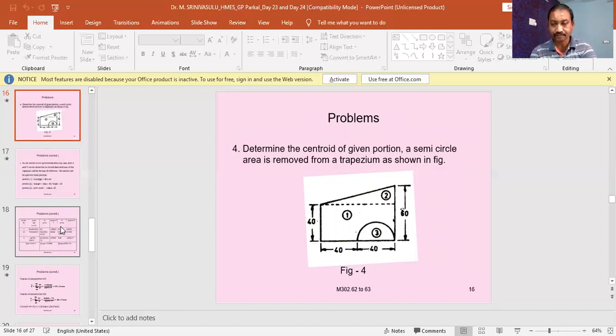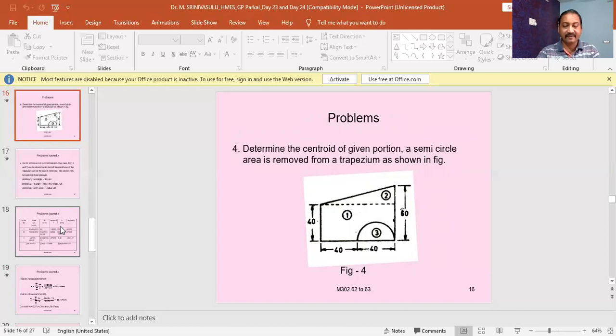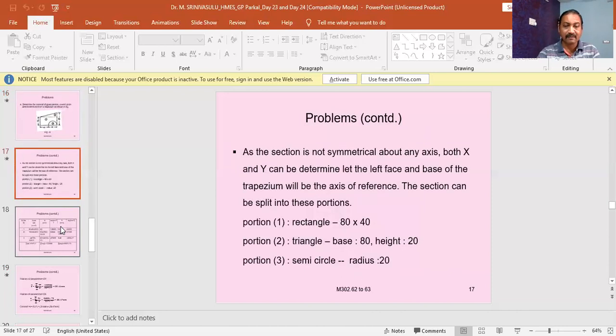First you draw the trapezium, and from that a semicircle is cut out at the right bottom corner, and the remaining figure is 1 and 2. The first step in the solution is to divide this.